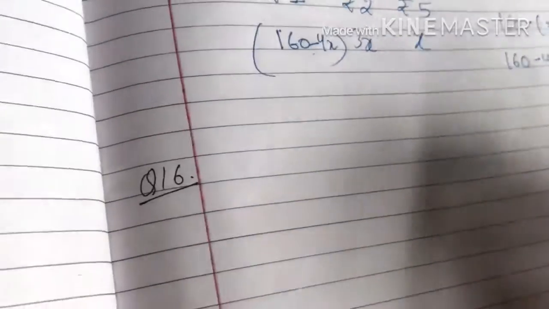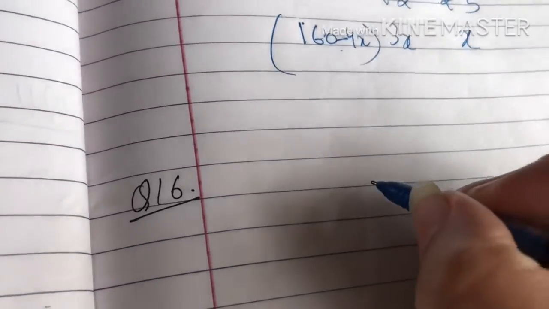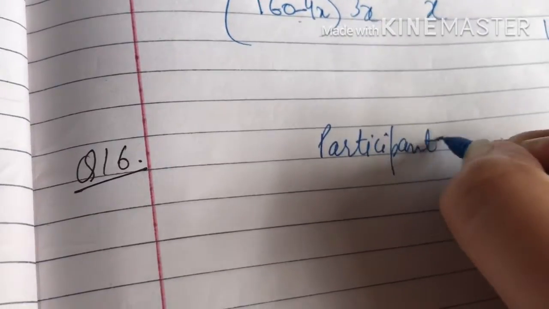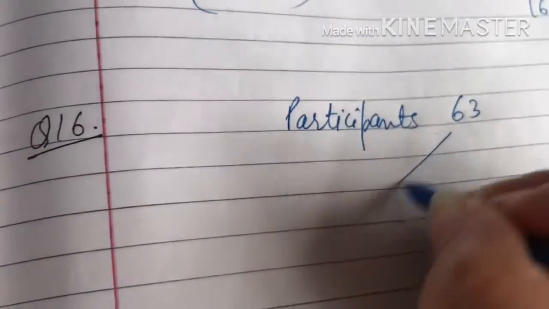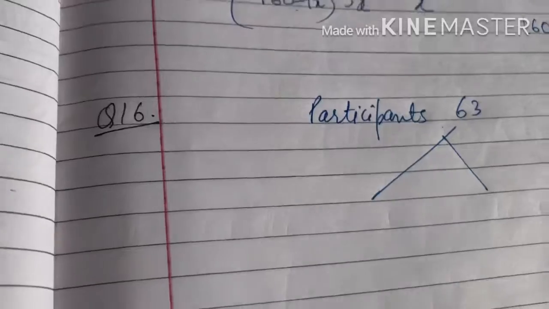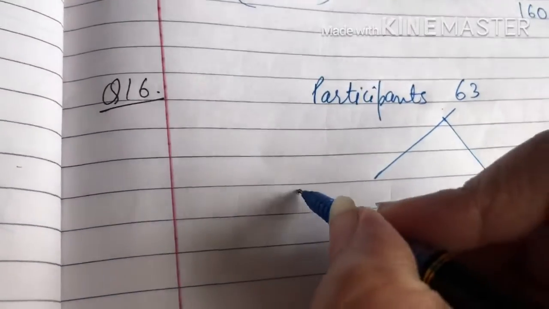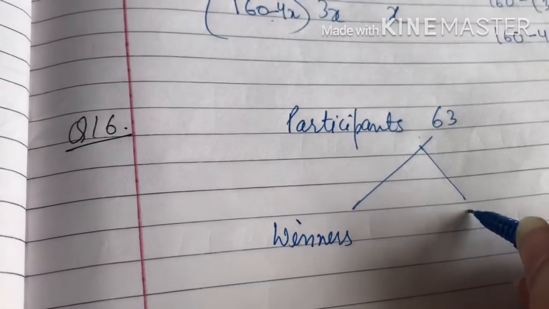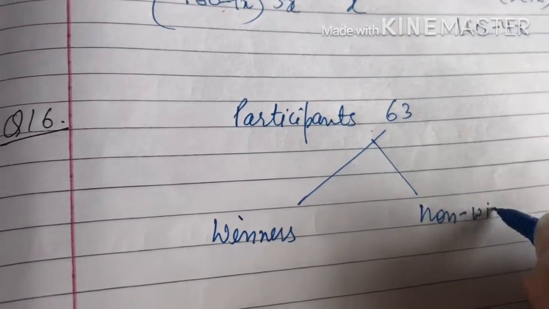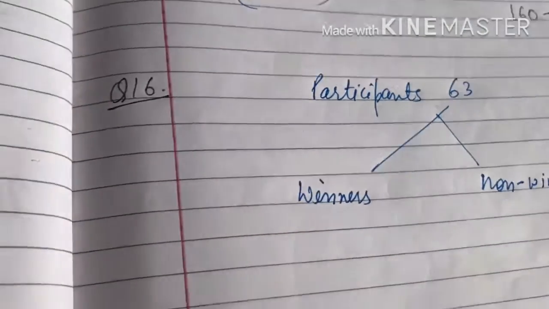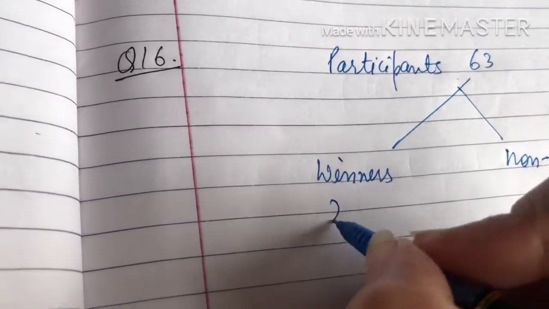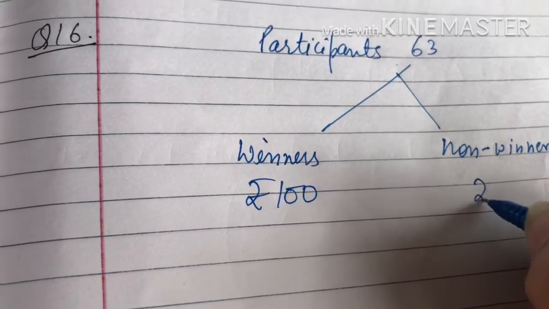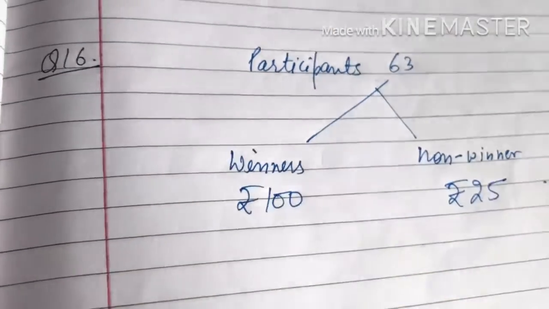So there is an essay writing competition and the total number of participants is 63. Now out of these participants, there are two conditions: some are winners and some are non-winners. They have participated but they did not win. Now the winners are getting a prize money of rupees 100 and the non-winners are getting a prize of rupees 25.